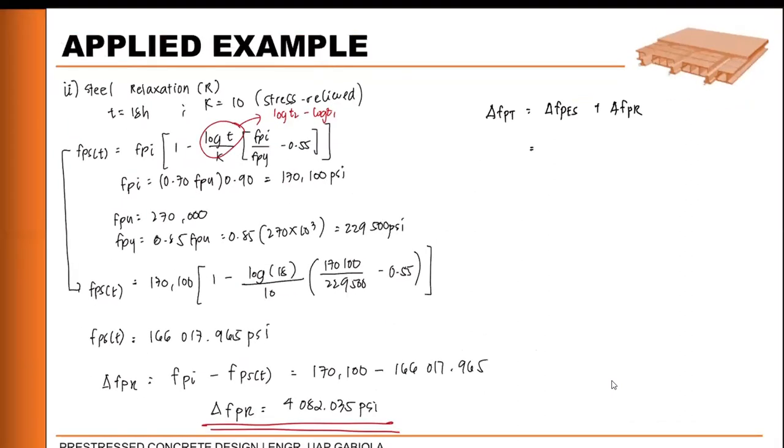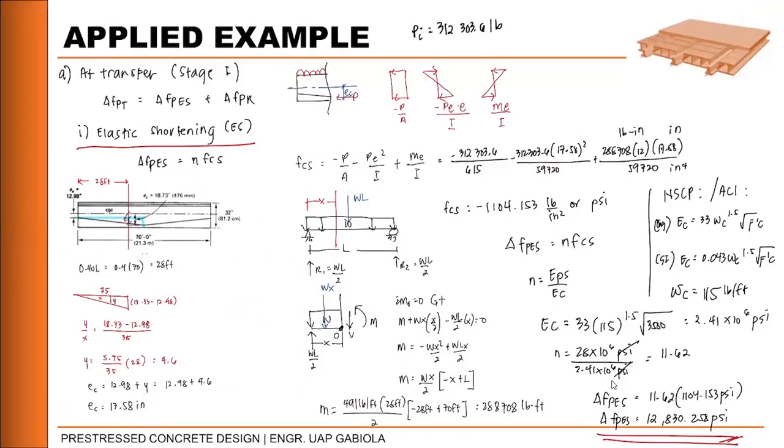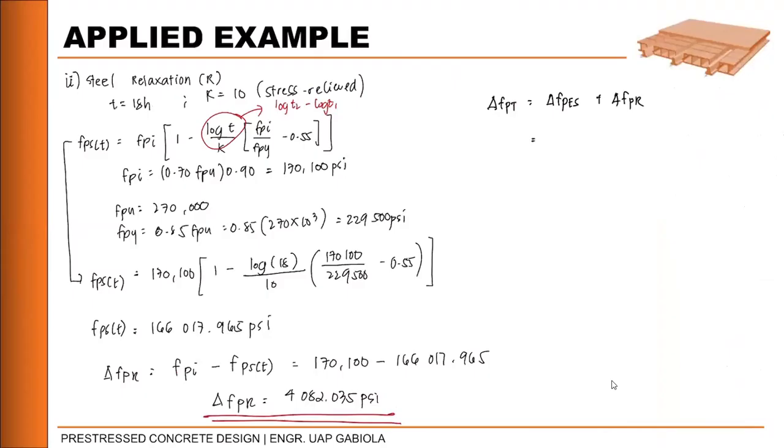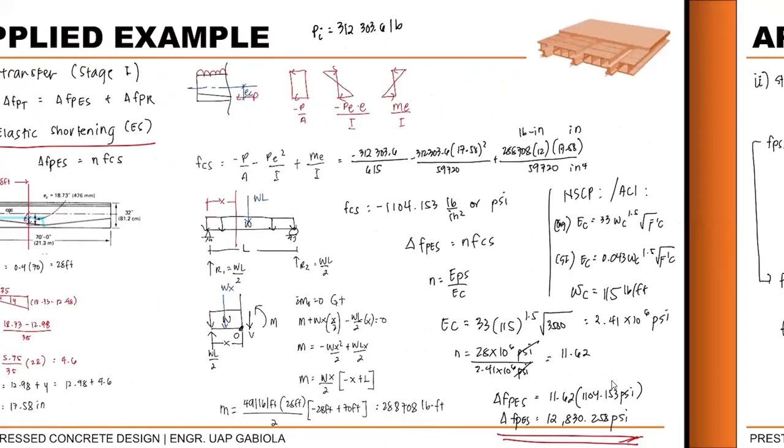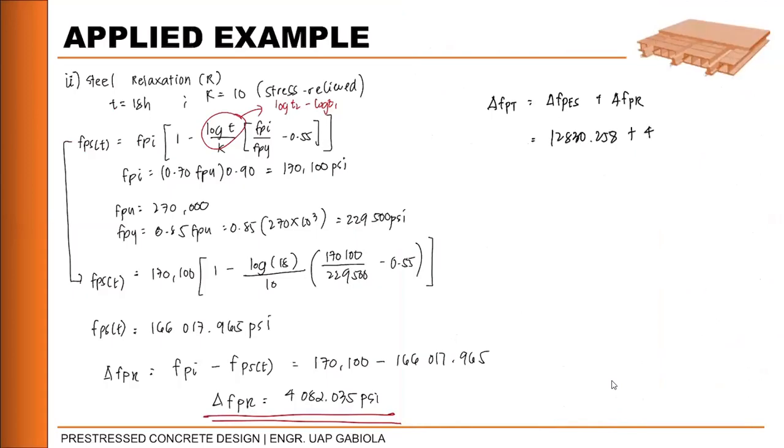That will be, let me copy this, 12,830.258 plus 4,882.035.